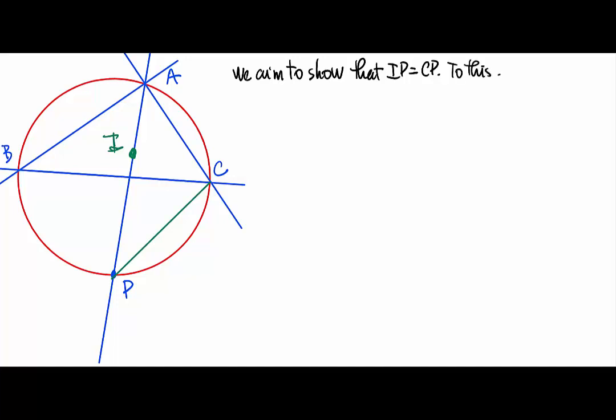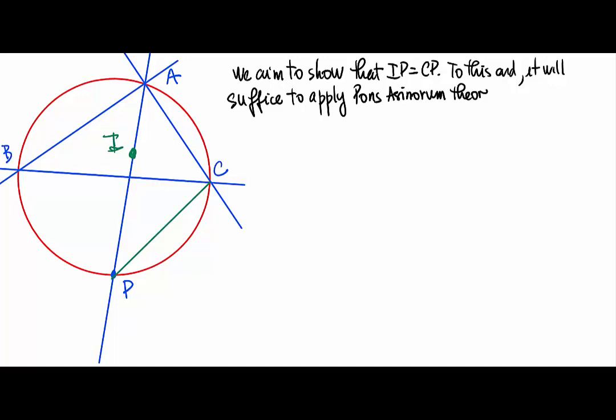To this end, it will suffice to apply Pons Asinorum, the isosceles triangle theorem, to the triangle IPC.